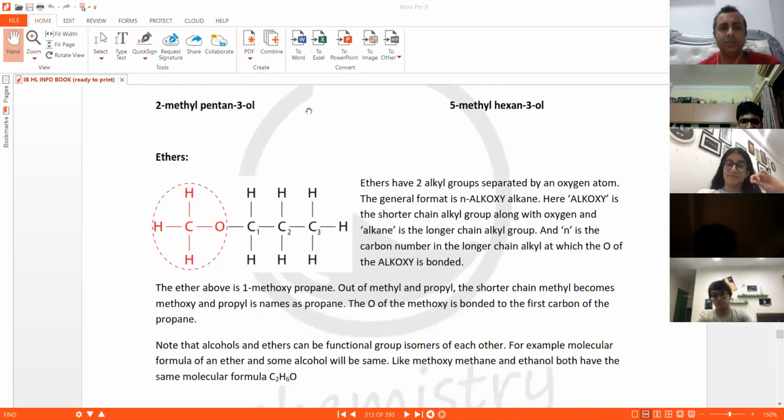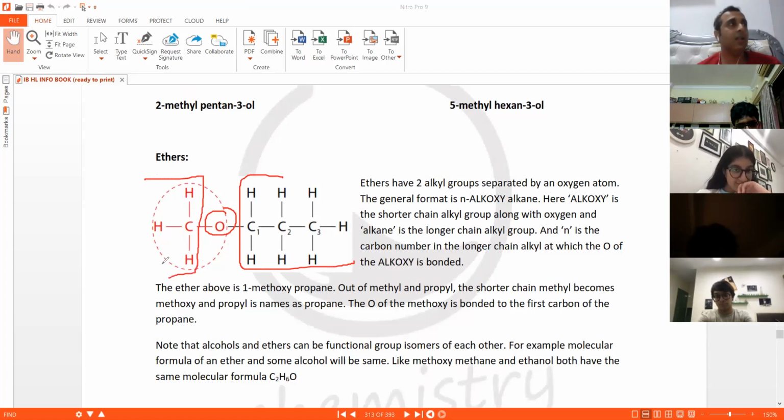In ethers, look at this O, and this alkane and this alkane. This is propane and this is methane. Remember that the longer chain becomes my parent alkane.